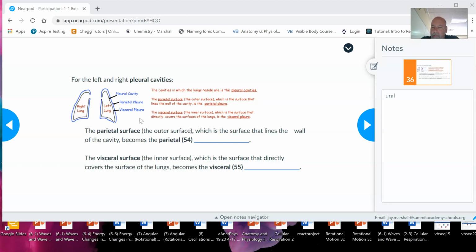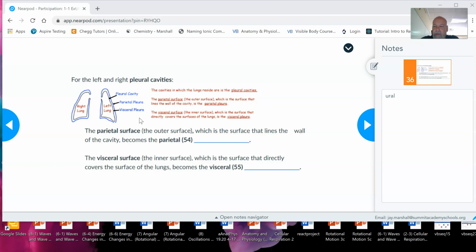When these surfaces get inflamed, they can rub against each other and cause a sound in the stethoscope. So that's an important finding. It's going to usually indicate an inflammation of some type of the pleural or pericardial surface.